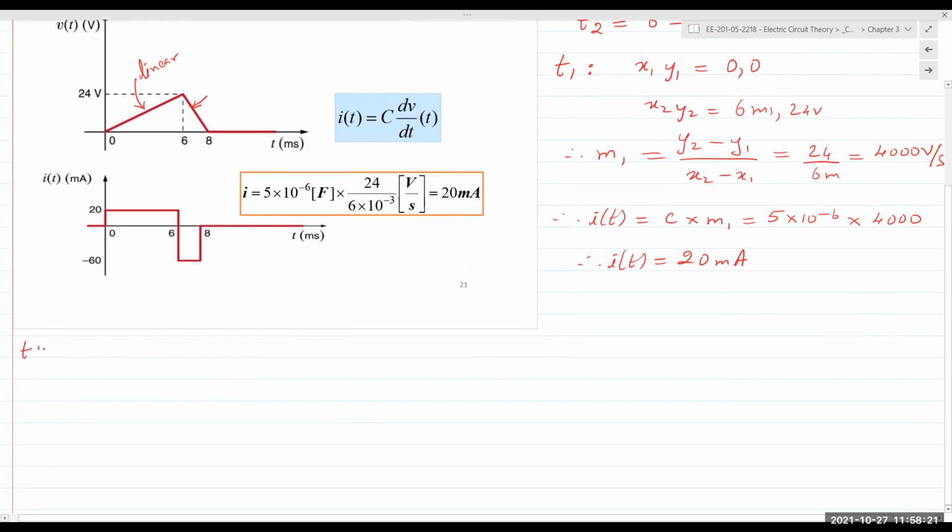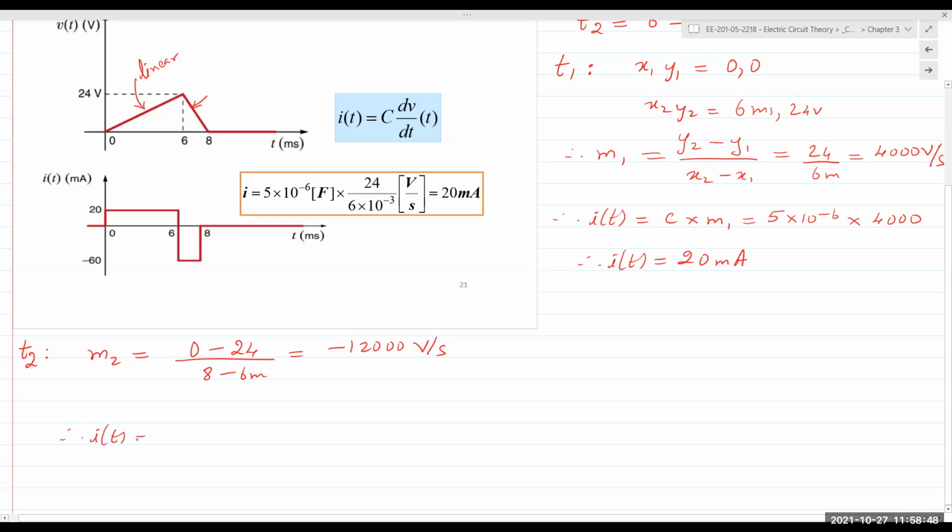So T2 would be M2. M2 would be 0 minus 24 divided by 8 minus 6 milliseconds. And so I have minus 12,000 volts per second.